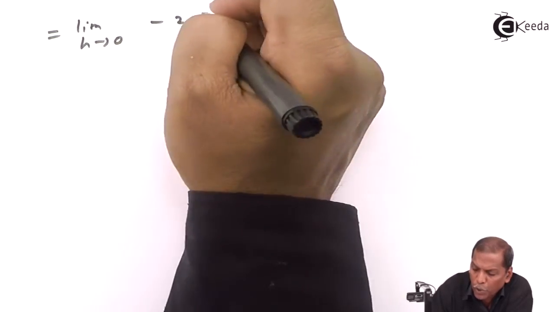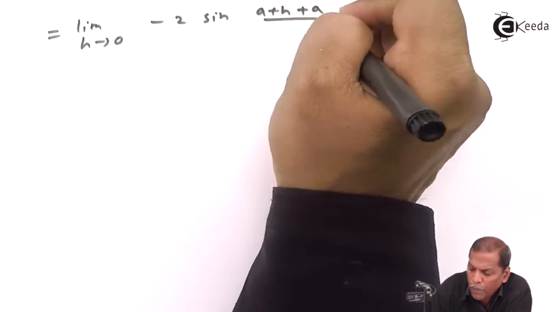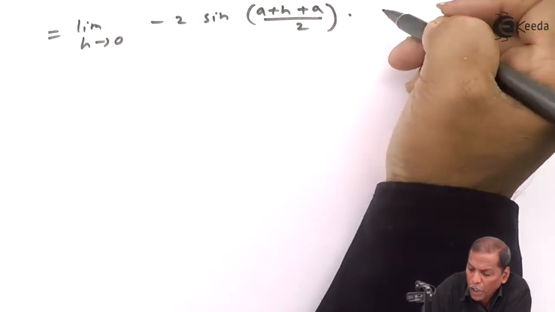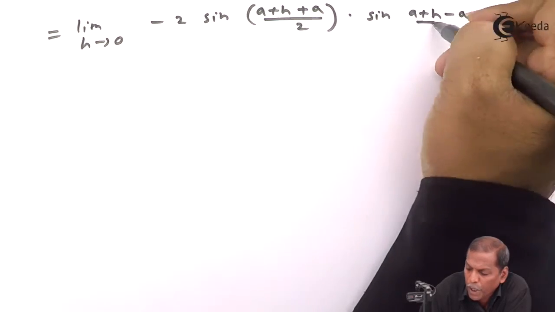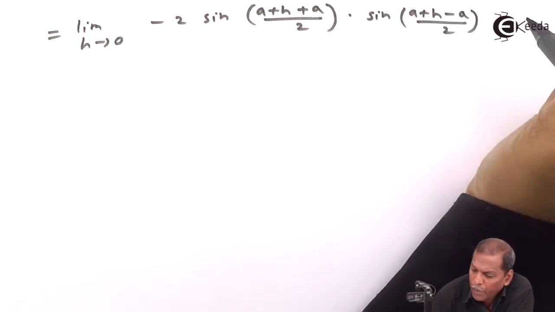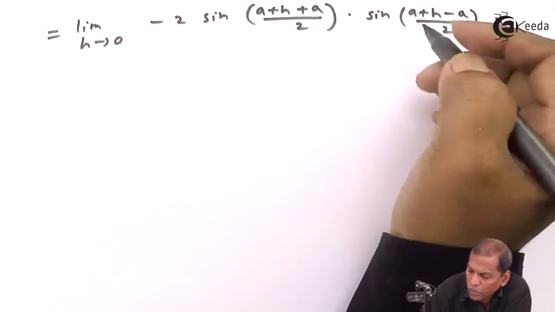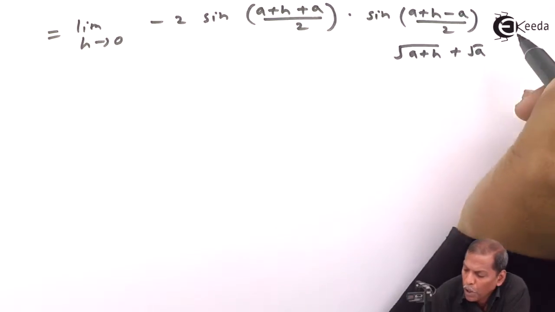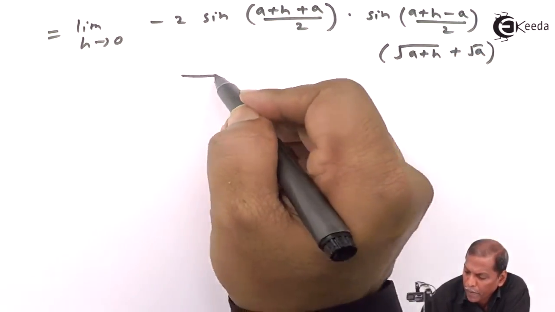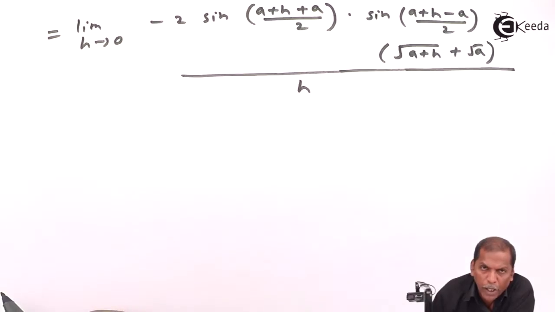So that gives minus 2 sine of (c plus d) upon 2, where c is a plus h and d is a, in the first bracket, into sine of (c minus d) upon 2, in the second bracket, and then into square root of a plus h plus root a in the third bracket, and the whole thing divided by h in the denominator.